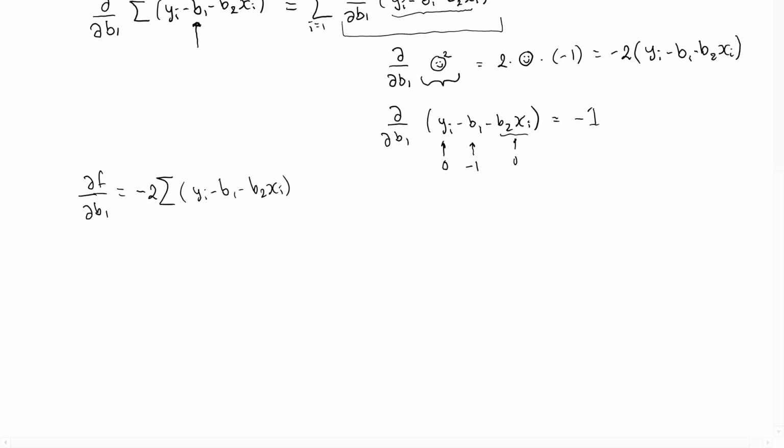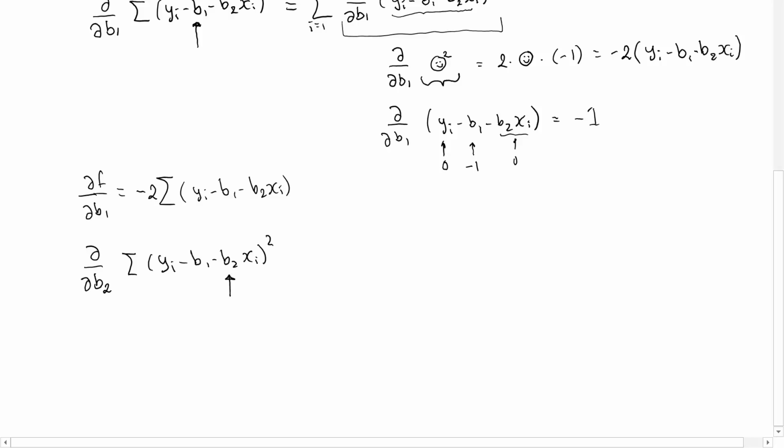It's very similar, but not exactly the same. Partial derivative with respect to b2 of this sum. Now the focus is here. All the other symbols should be treated as constants. We can move the derivative inside the sum and write it like this.